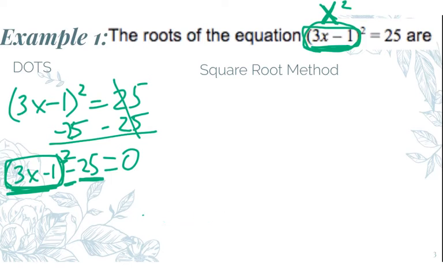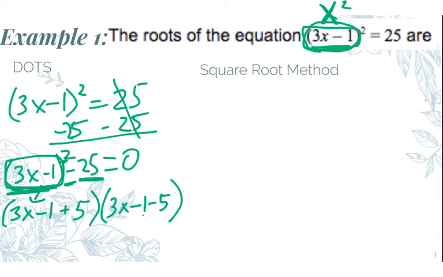So my factors would be 3x minus 1 plus 5, and 3x minus 1 minus 5. All right, so remember, 3x minus 1 times 3x minus 1 gives me 3x minus 1 squared.